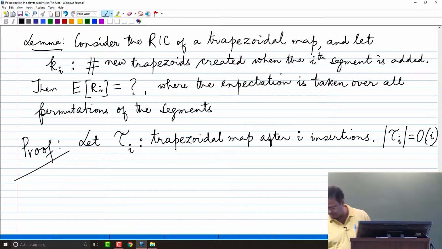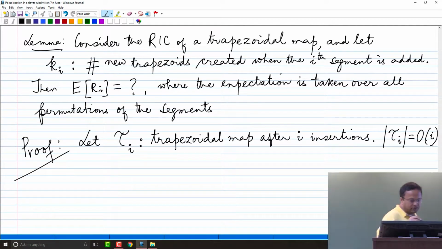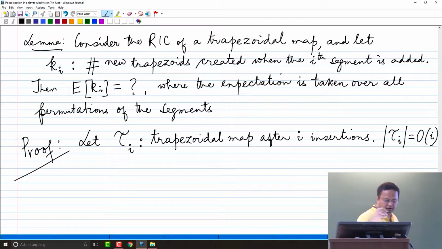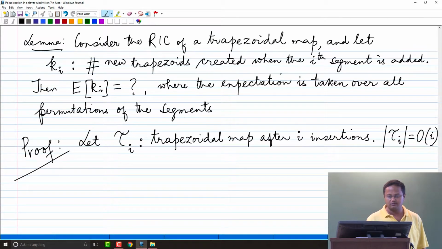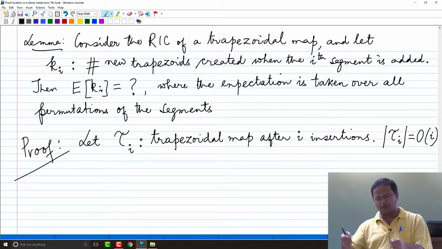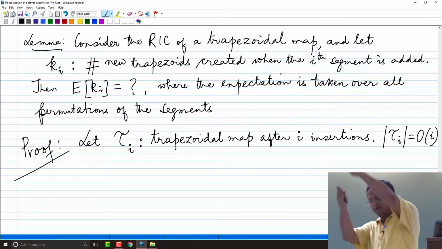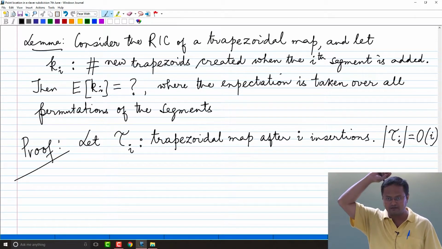Now, what do I want? I want to compute this expectation. In a very bad way, what can I do? I look at all random permutations, and for each one I see the number of trapezoids created at the end, add them all up and then take the average.